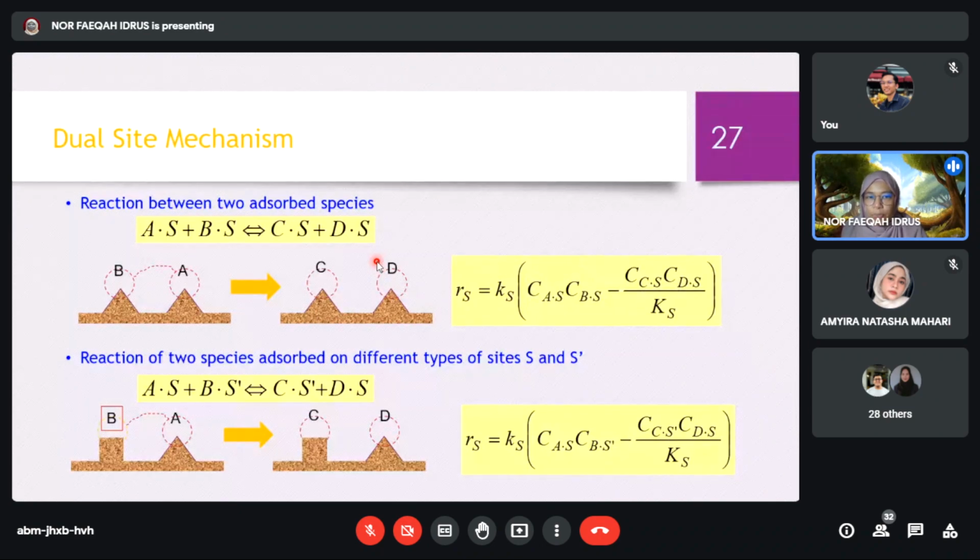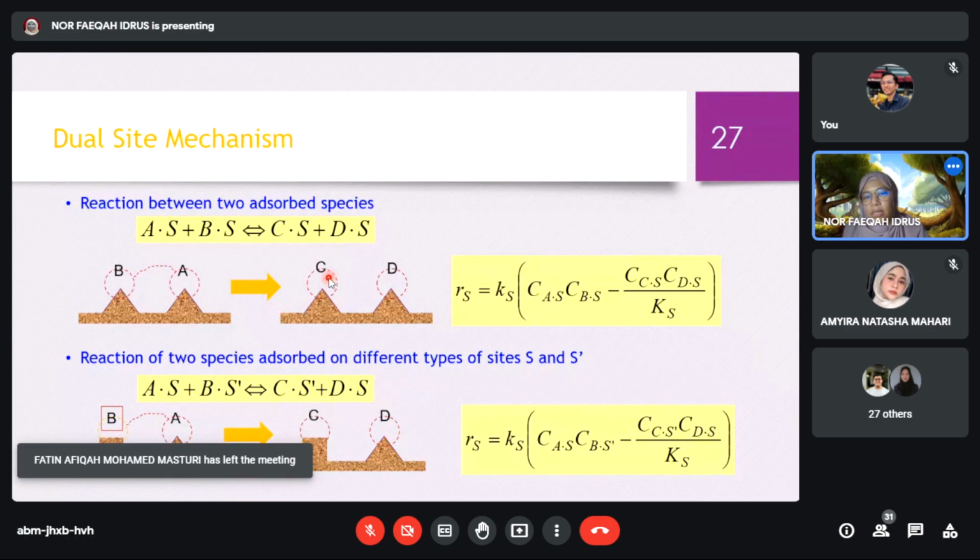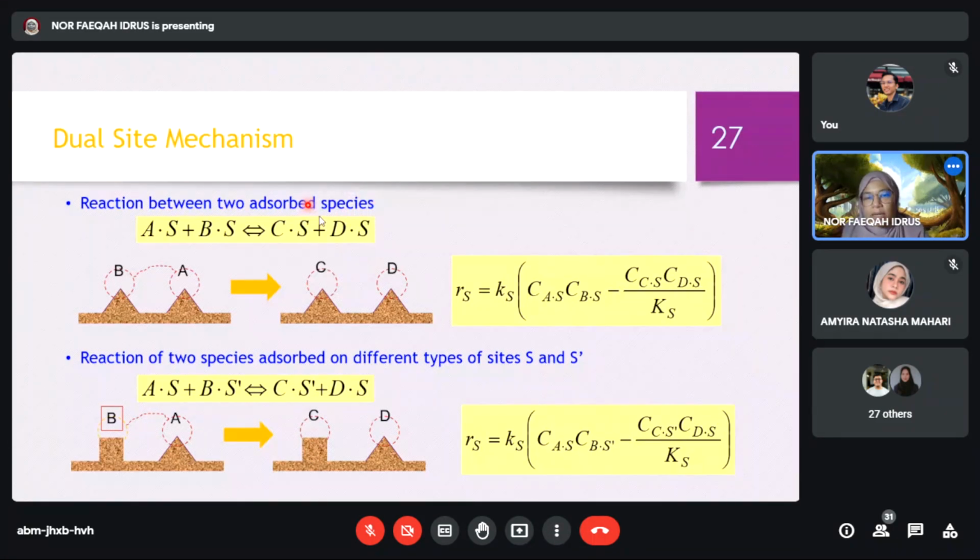If only one product, A·S plus B·S, reversible reaction, C·S plus S. If the reaction only produces one product, it will leave a vacant site S. In this example there are two products. So it depends on the reaction.